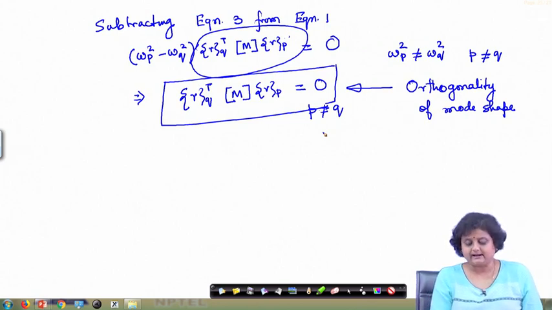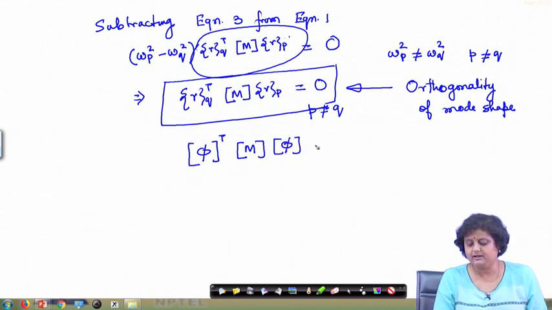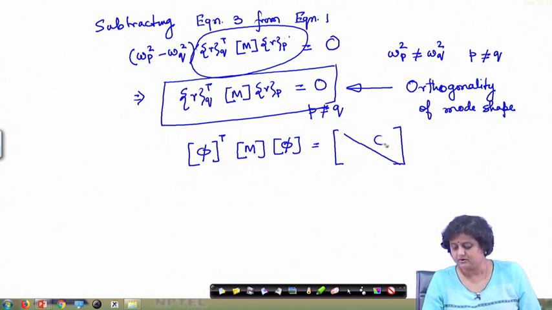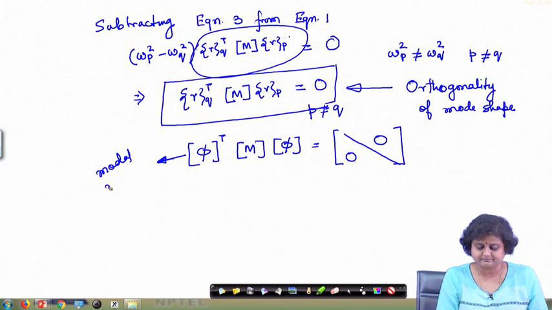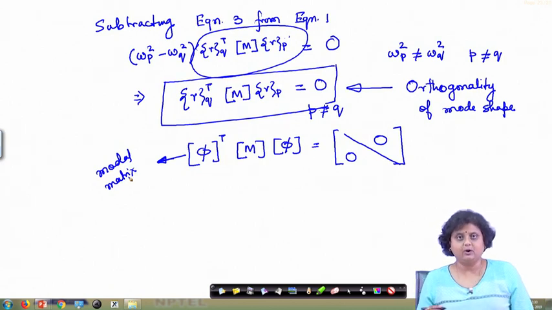If I do that, I can actually write that in a matrix form as phi transpose m into phi is going to be a diagonal matrix, where phi is the modal matrix, or the matrix whose columns are the mode shapes arranged in order from 1 to n, and M is of course the mass matrix. This is going to be a diagonal matrix if phi is not mass normalized.